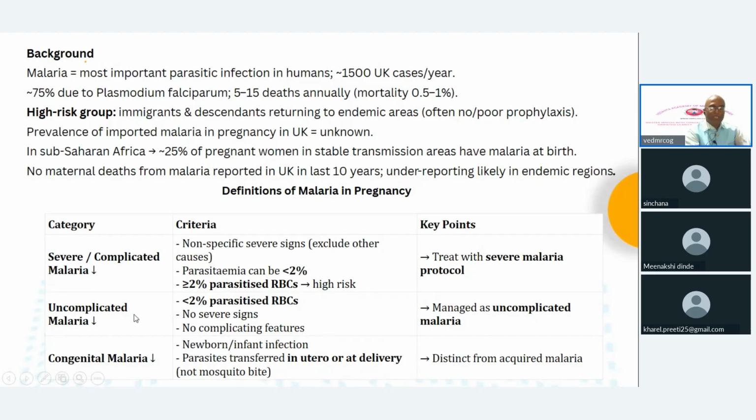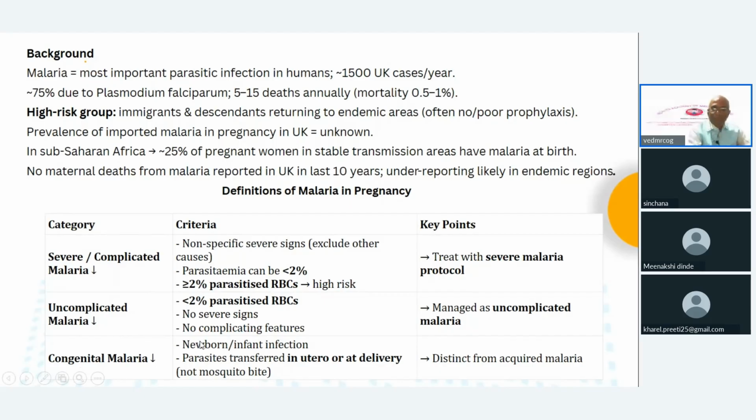If it is less than 2%, we call it uncomplicated malaria and manage it as such, otherwise it is treated with the severe malaria protocol. We should know these two protocols. Clinically, we should be able to differentiate the category of malaria, and accordingly the treatment will be chosen.